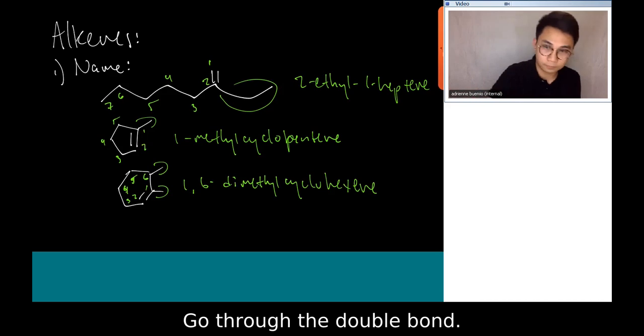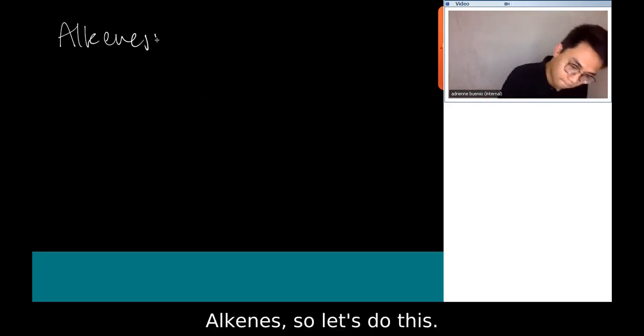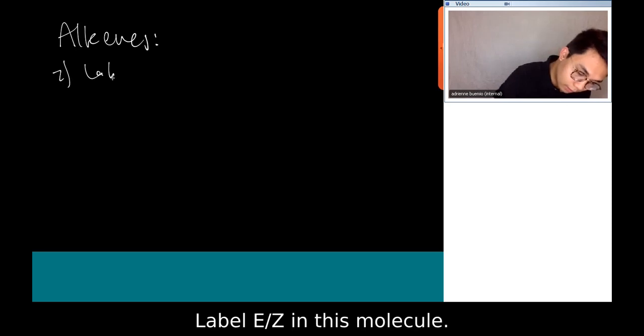Right. Okay. So let's do a couple more. We have a couple more here for alkenes. So let's do this. Label E/Z on this molecule.